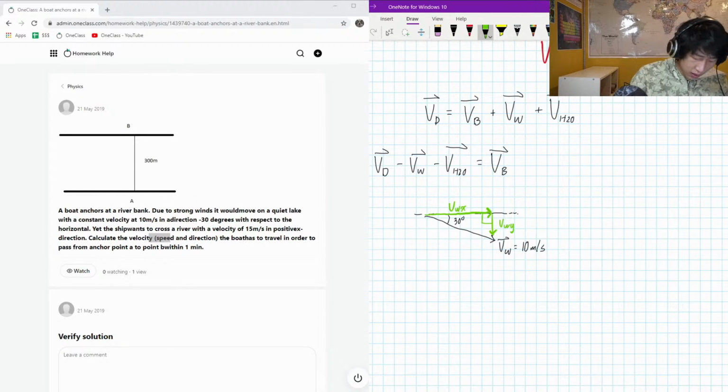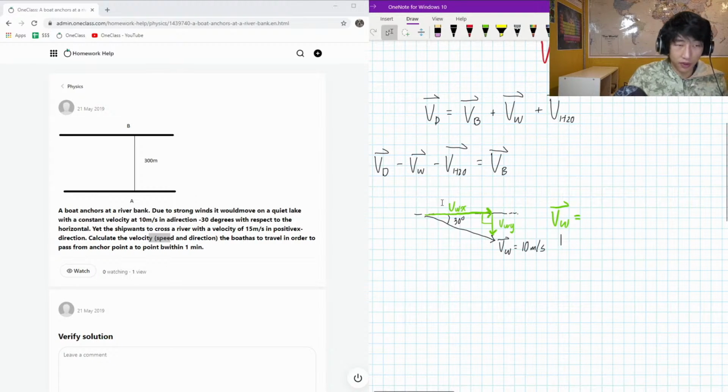Okay, so we could write this as, well, VWX, we know that that is adjacent to the angle, and that is in the positive x direction, so that's going to be positive sine 30 times 10. Not sine, cos 30 for adjacent. Be very careful with those.